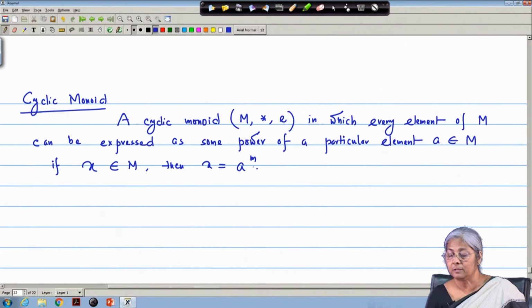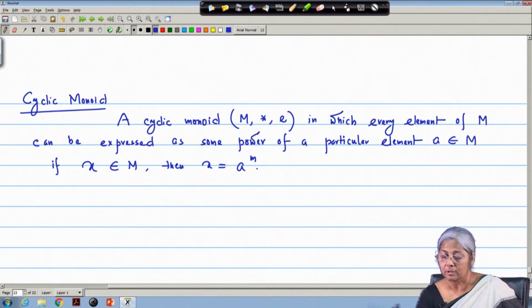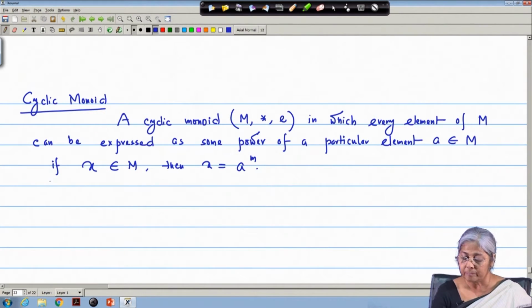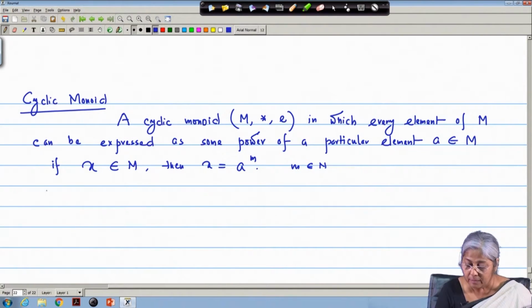This is my definition of a cyclic monoid.